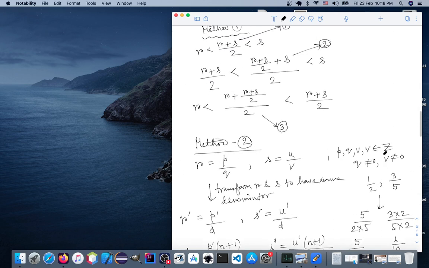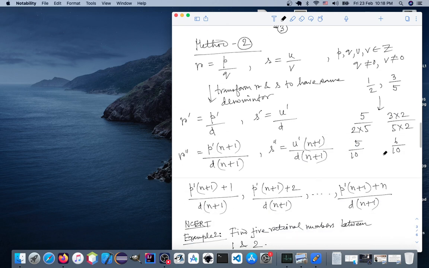If the two given rational numbers have different denominators Q and V, first we have to transform R and S into equivalent rational numbers so that they both have the same denominator D, by doing the LCM that I have explained on the right hand side with the example half and 3 by 5. Finally, we get the two rational numbers R double dash and S double dash by multiplying the denominators with n plus 1. What is n? N is the number of rational numbers we have to find.